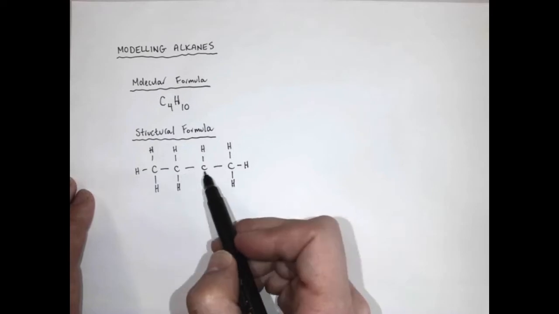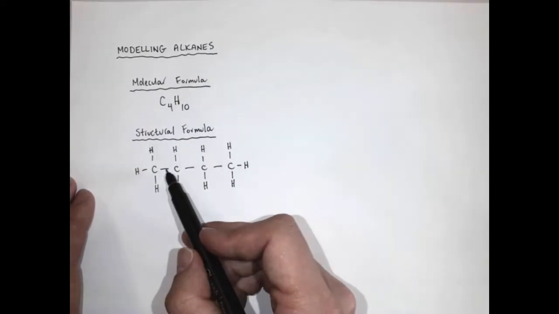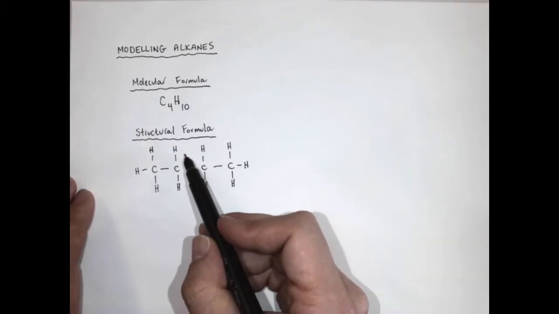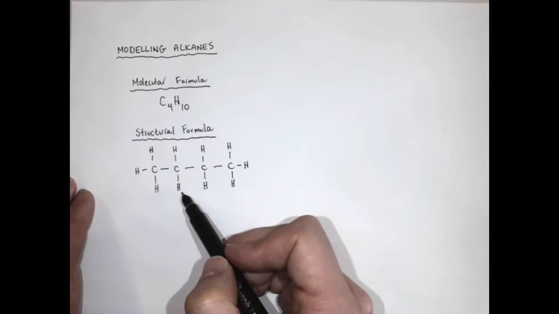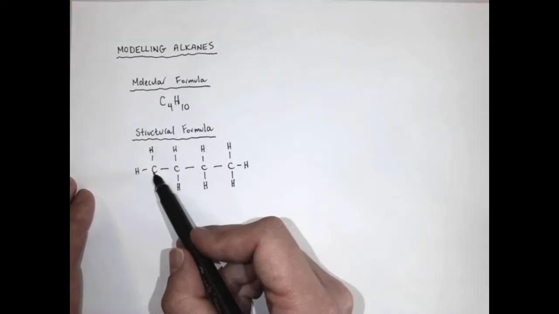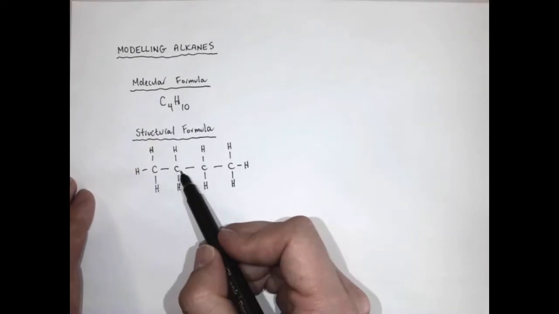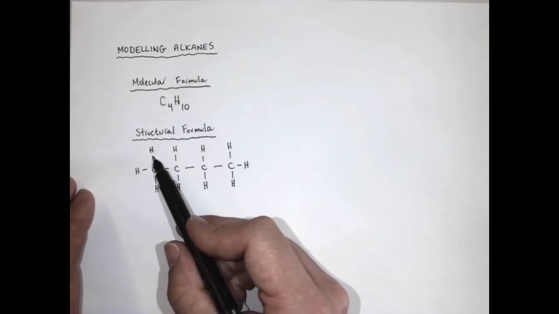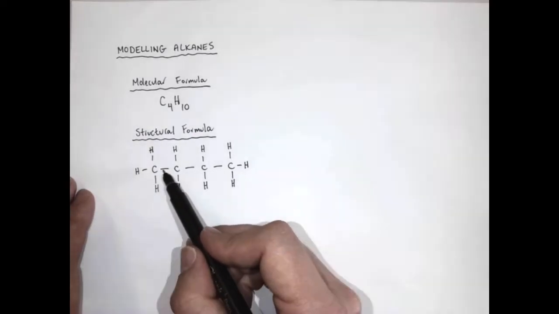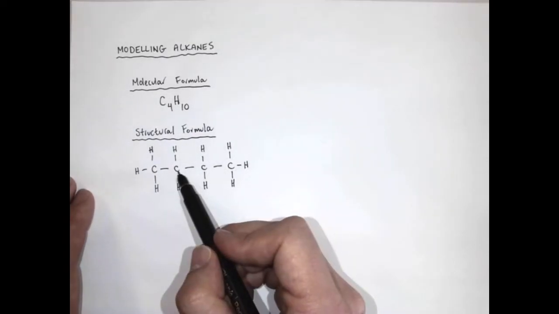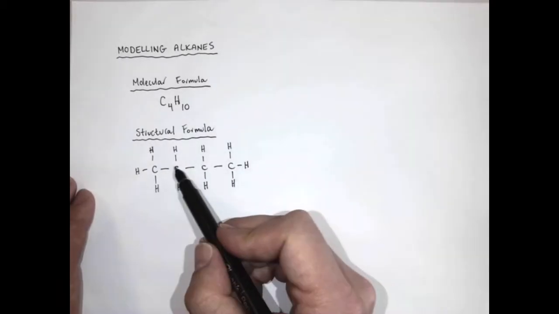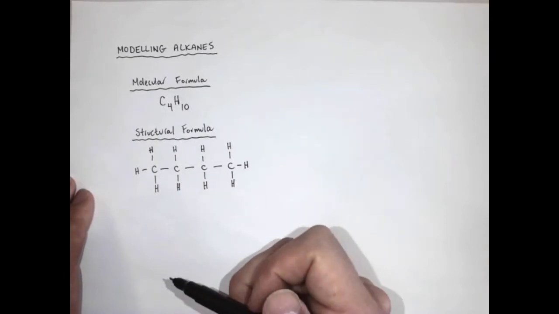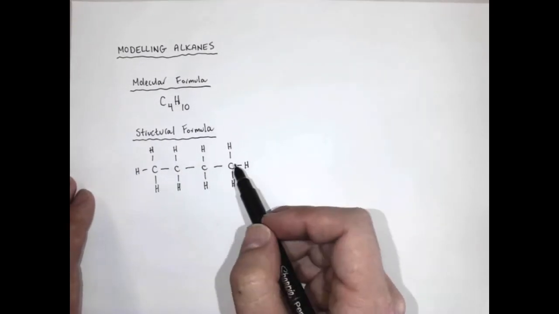The carbons in the middle are already bonded to 2 carbons, so they only have capacity for 2 other bonds to 2 different hydrogen atoms. So here we see single carbon-carbon bonds. The terminal carbons are bonded to 3 hydrogens because they have 1 of their bonds designated as a bond to a carbon. And the carbons in the middle have 2 bonds to hydrogens because they have 2 bonds toward the other carbons in that carbon bridge.